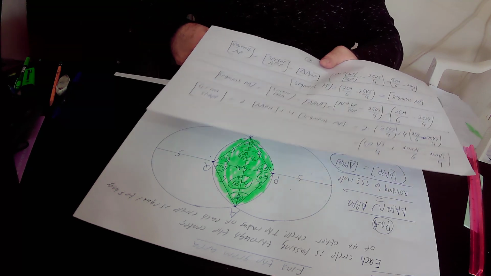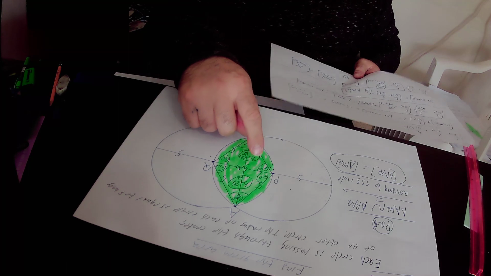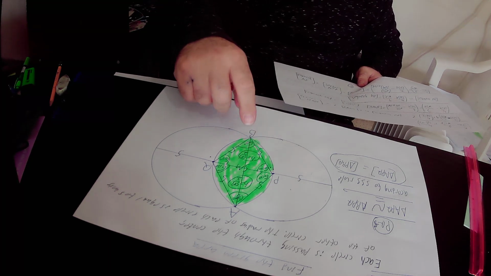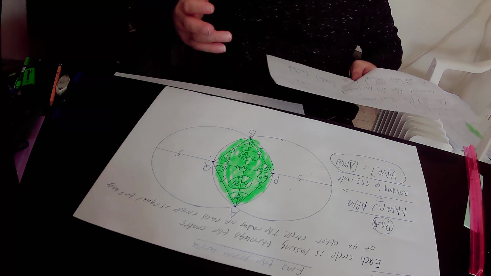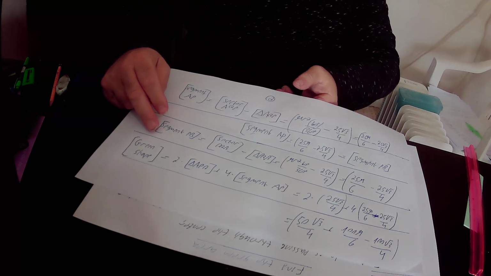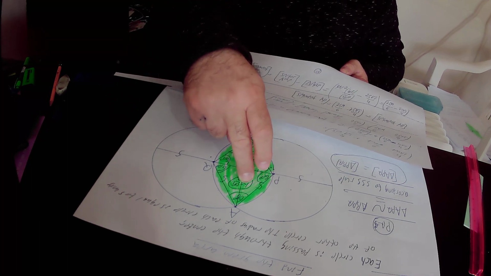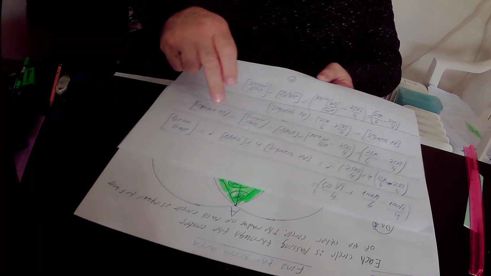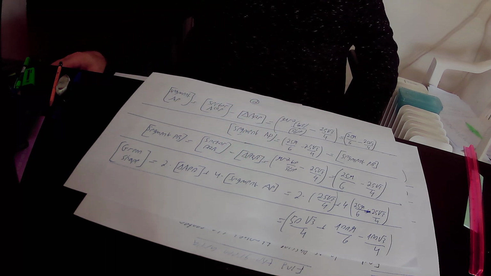So, in conclusion, we can say that the areas of all 4 segments are equal to each other. Therefore, the area of the green shape will be equal to 2 times the area of triangle APQ plus 4 times the area of segment AP. Okay?